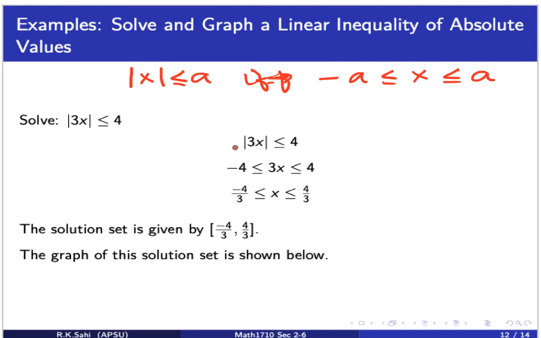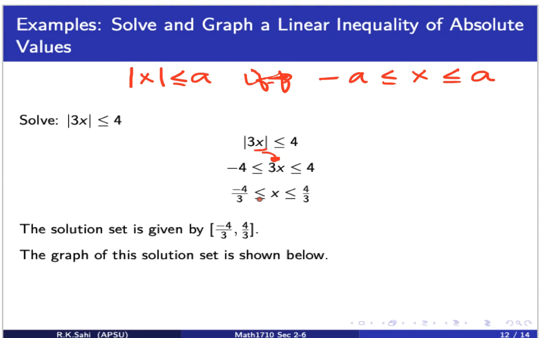So to get rid of the absolute value, we write minus 4 on the left-hand side, then a less than or equal to symbol, this whole expression 3x, and then less than or equal to 4. Then you normally solve for x. Here we only have a 3 in front, so we just divide the whole inequation by 3. We get minus 4/3 less than or equal to x less than or equal to 4/3.